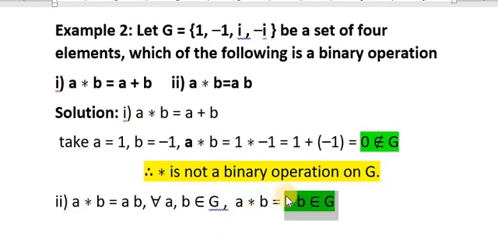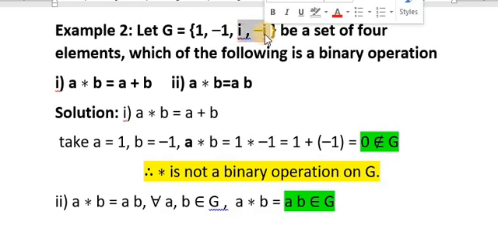See here, if you take any two elements from the same set, then we get the product ab belongs to G. For example, 1 and -1: 1 into -1 is -1, which is present in this set. -1 into i is equal to -i, and -i is also present in this set. And -i into 1 is -i itself, so that is also present.